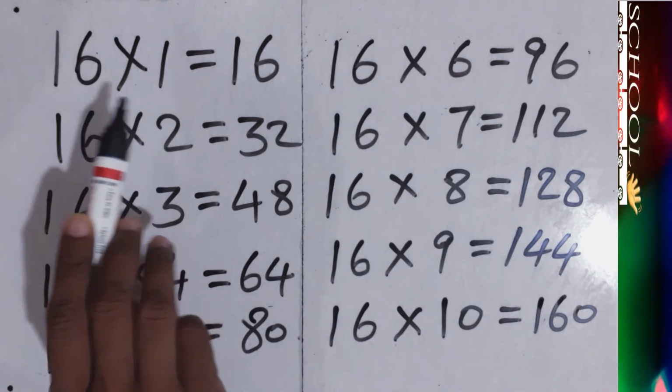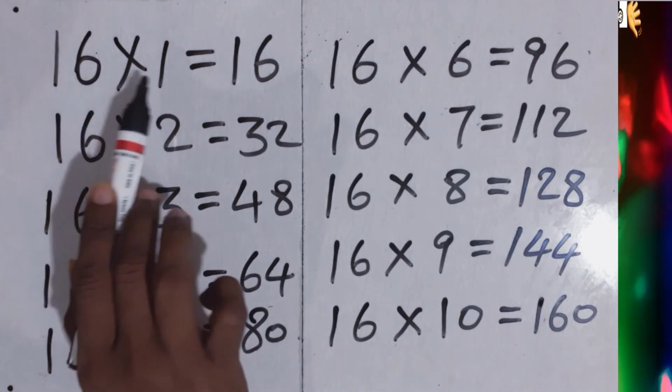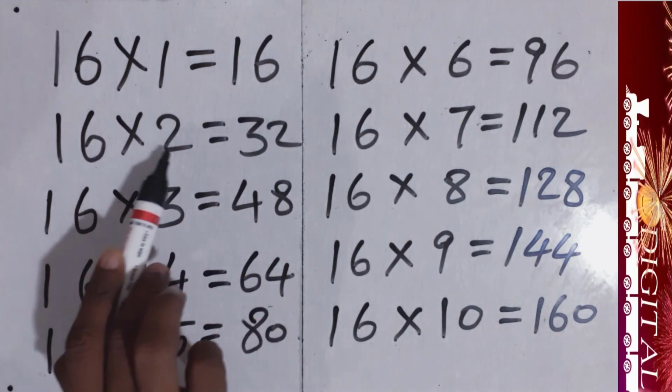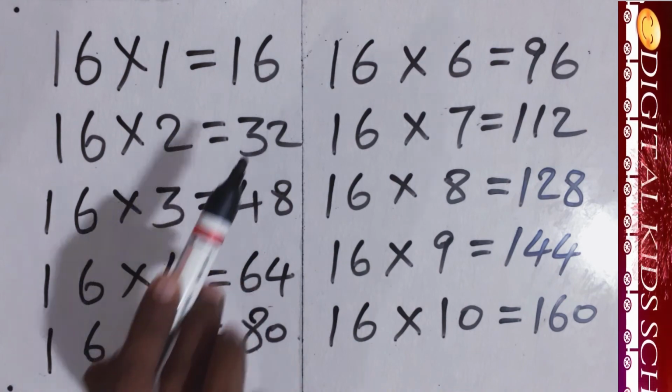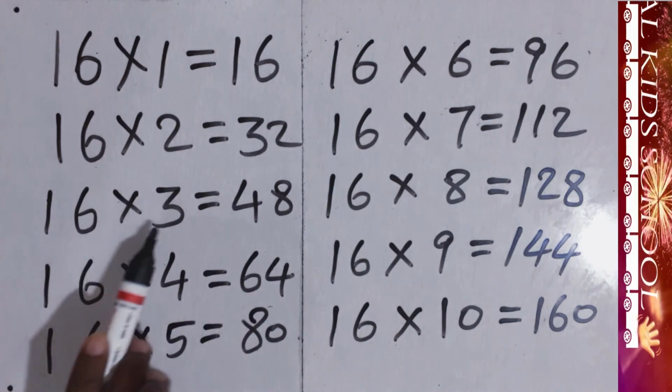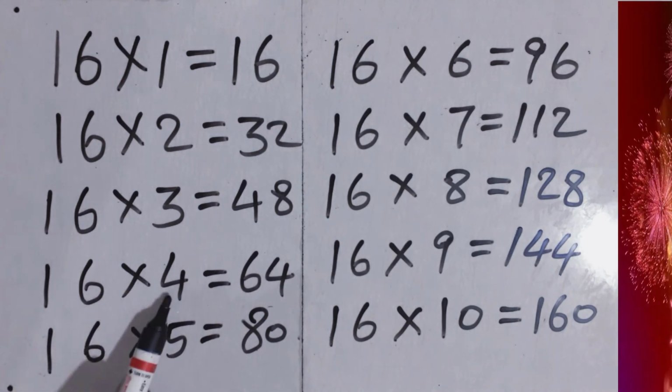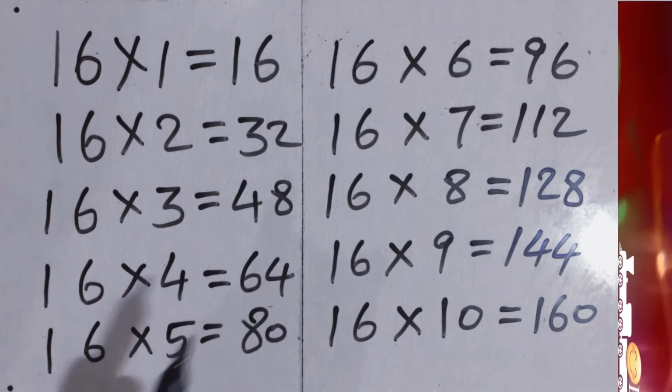Once you read this table, 16 1 ja 16. 16 2 ja 32. 16 3 ja 48. 16 4 ja 64.